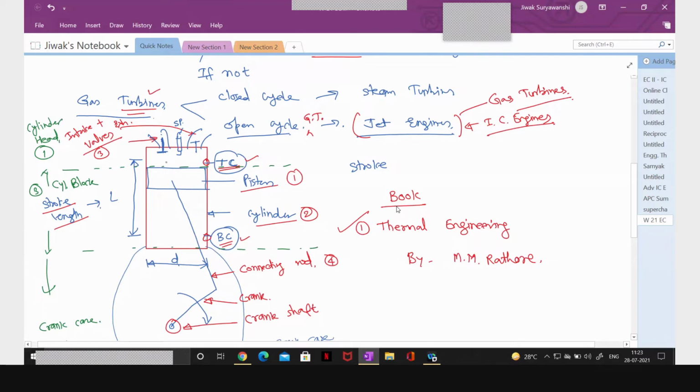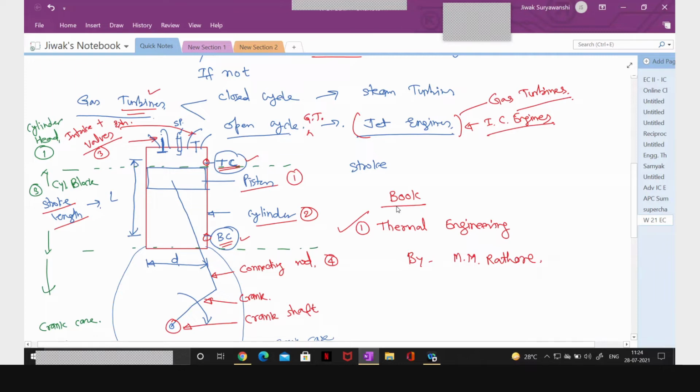Air is sucked in in the case of a CI engine, and fresh charge, that is a mixture of air and petrol, is sucked in in the case of a petrol engine. So the whole cylinder is filled completely with the mixture of air and fuel in the case of an SI engine, and in the case of a CI engine, it is completely filled with air. That is the suction stroke.